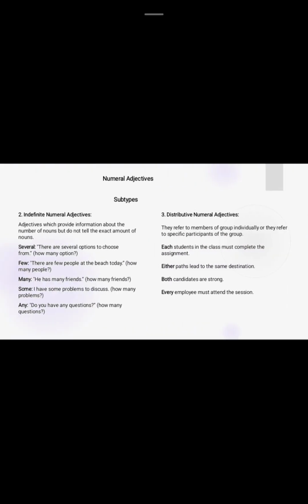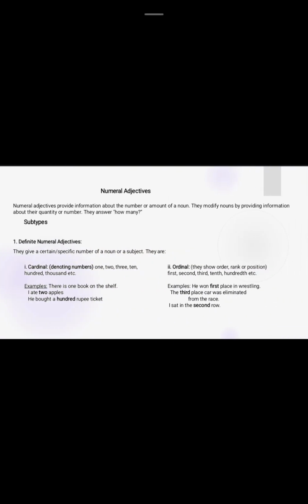Now, numeral adjectives have further subtypes. The second subtype of numeral adjectives: indefinite numeral adjectives. Adjectives which provide information about the number of nouns but do not tell the exact amount of nouns. For example, several. There are several options to choose from. How many options? Few.